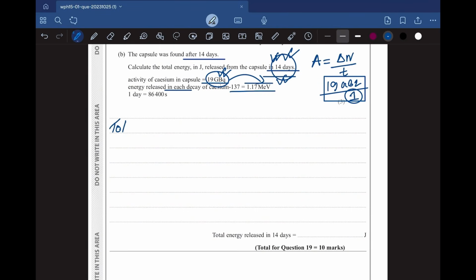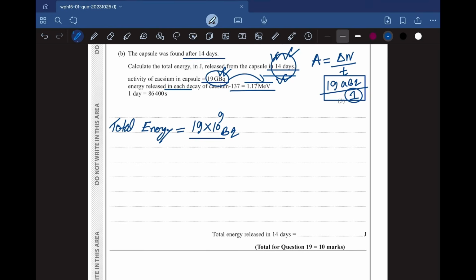So total energy is equal to 19 into 10 to the power 9 becquerels. This is the number of atoms that decayed per second. So we'll have to take into consideration how many atoms decayed in 14 days. So it will be 14 into 86400.